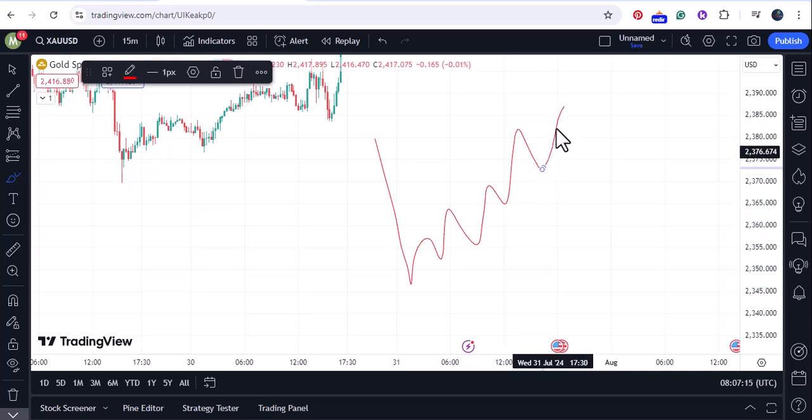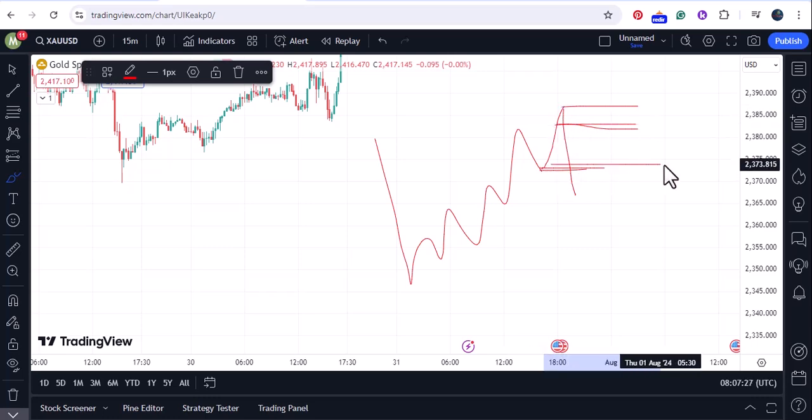So what we need is for price to break a low like this. When price breaks a low, what you're waiting for is a retest of either the supply zone up here, or this particular break where you can see price retesting this break or price retesting that particular supply zone.